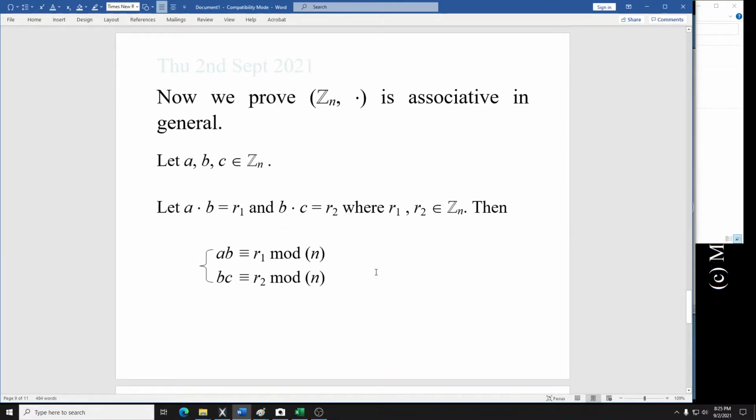Okay, so now we prove that the structure Zn with multiplication modulo n is associative in general. Let A, B, C be elements in Zn. Let the product modulo n of AB be R1, and let the product modulo n of BC be R2.